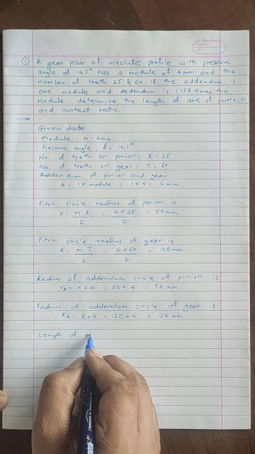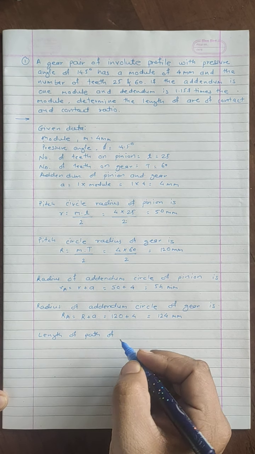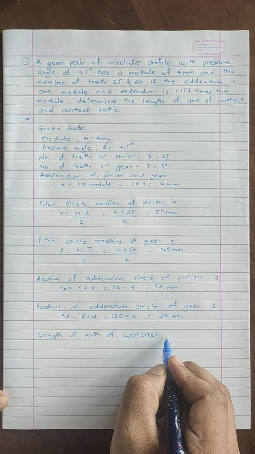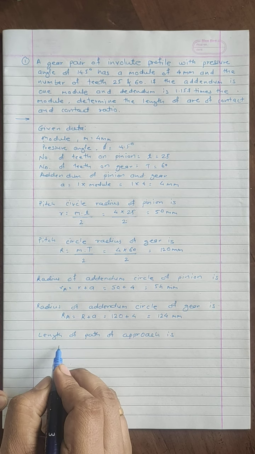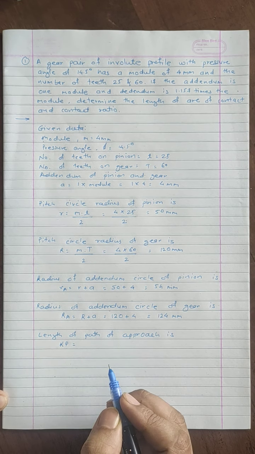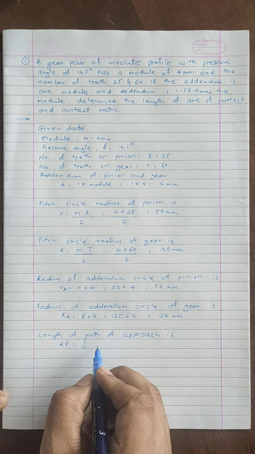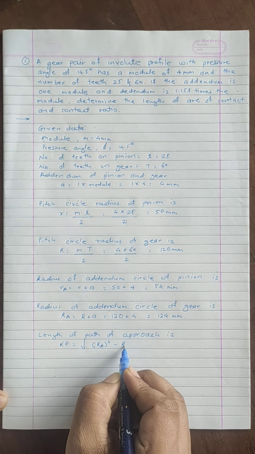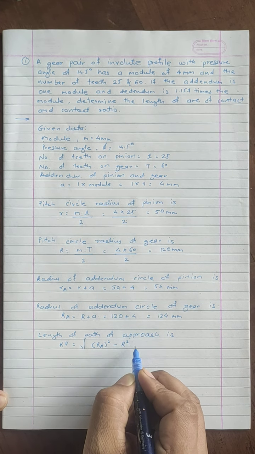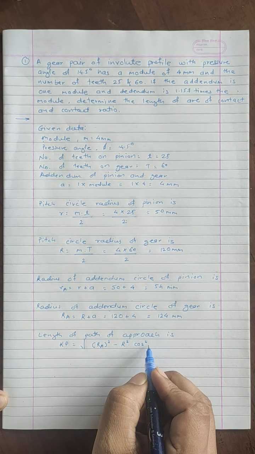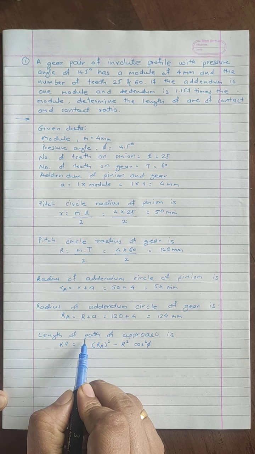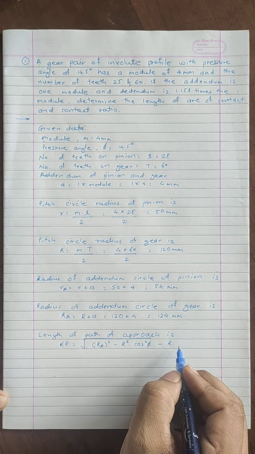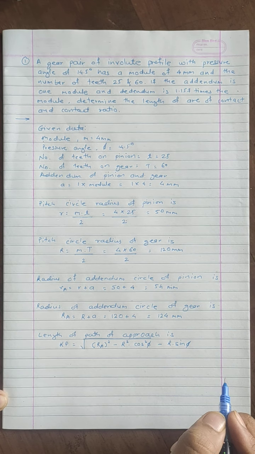Okay, then next comes the length of path of approach, which is nothing but KP, will be under root of capital RA square minus capital R square into cos square phi, under root complete, minus small r into sin phi.